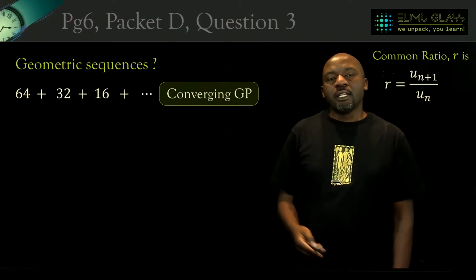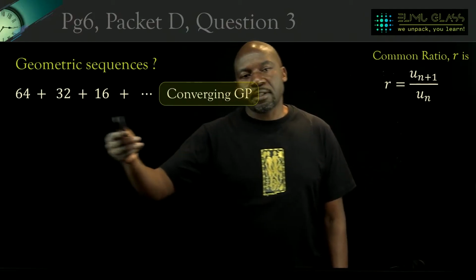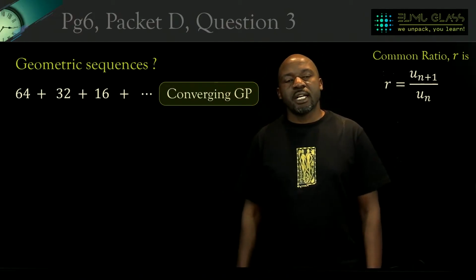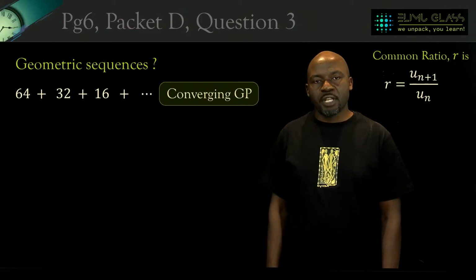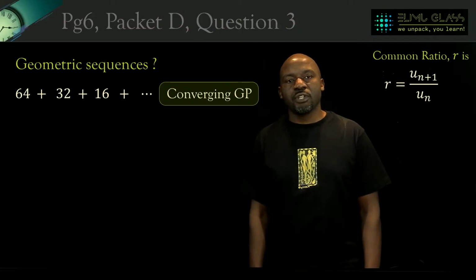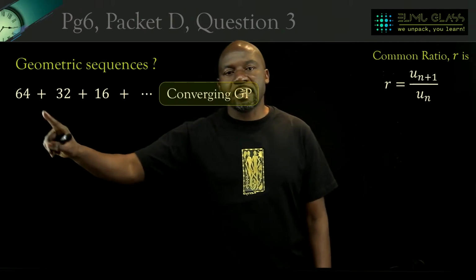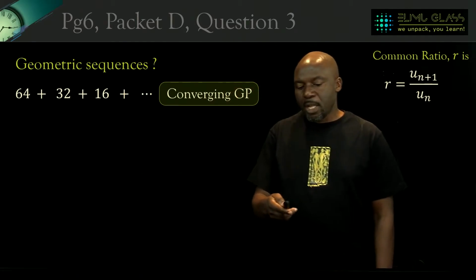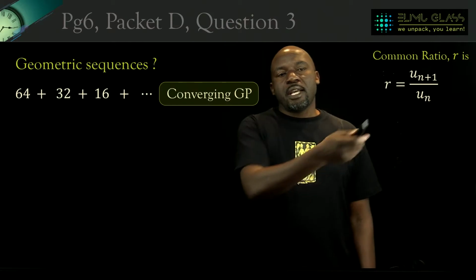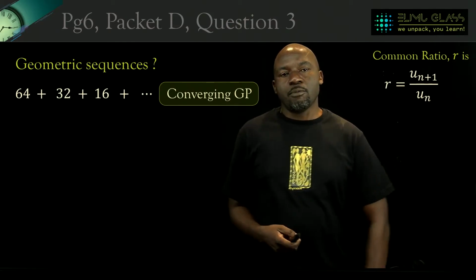All right, in this case, if the numbers are getting smaller, then we refer to this as a converging geometric sequence or a converging geometric series if we are adding the terms like that. Okay? Now, using the same idea, how do we find the common ratio?